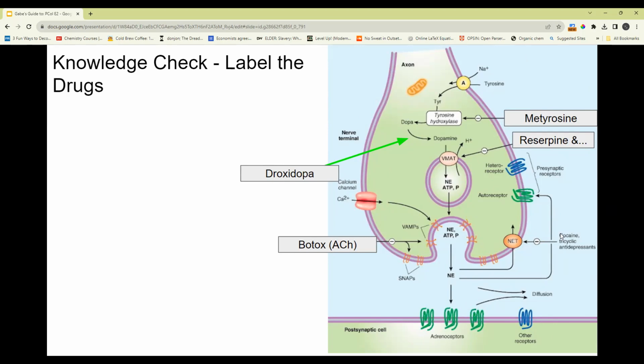Question for you. Would you ever give metyrosine and reserpine at the same time? Someone says no. How come? Why would you not give them?